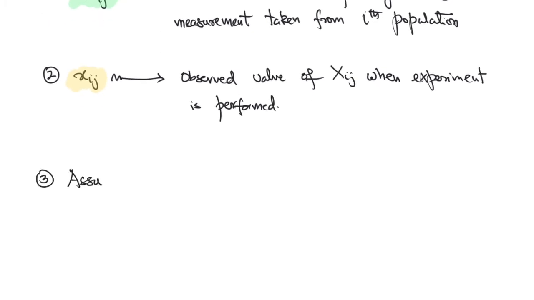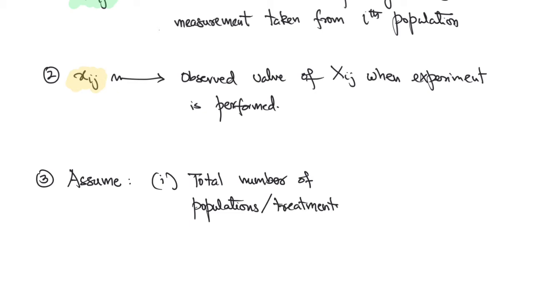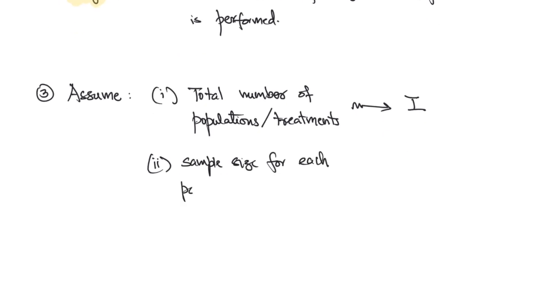We assume, and these are important assumptions, the total number of populations or treatment options is going to be capital I, and the sample size in this setting is going to be the same across all samples, and it will be equal to capital J.